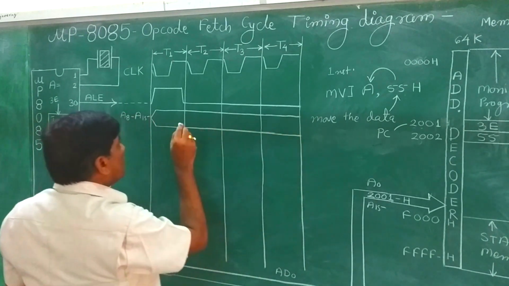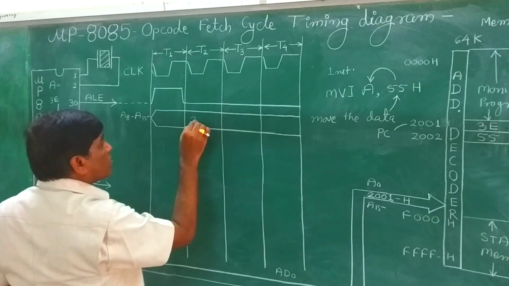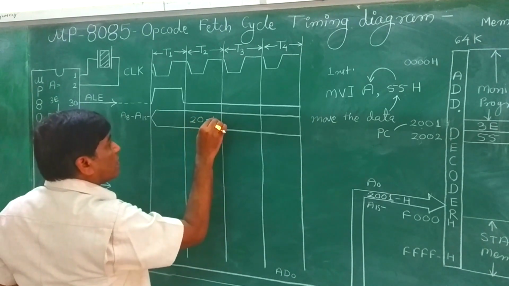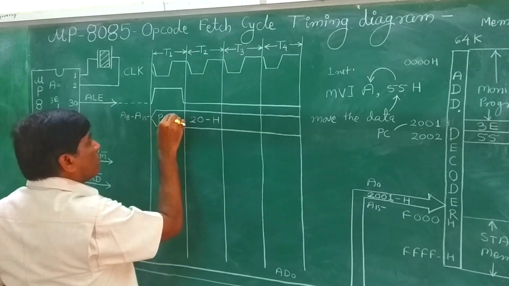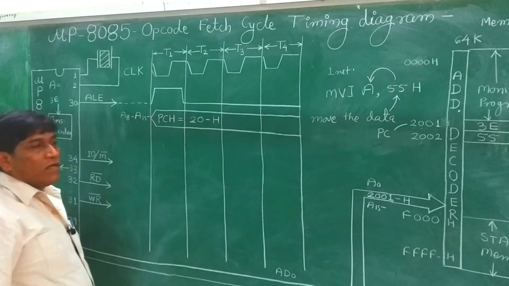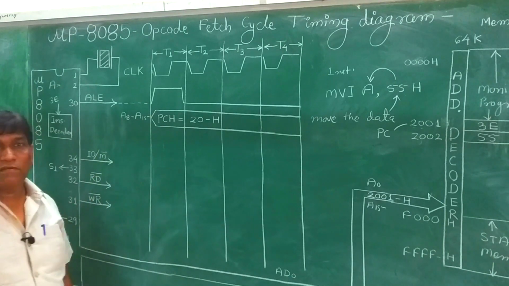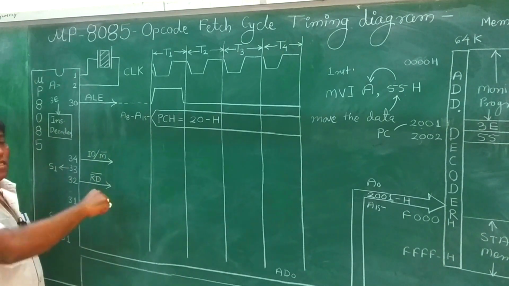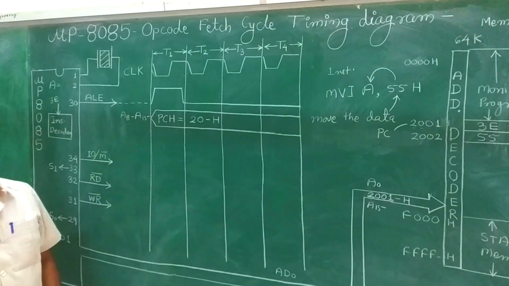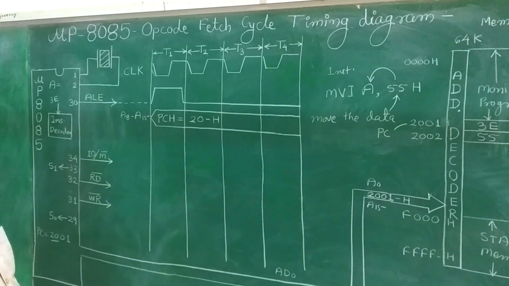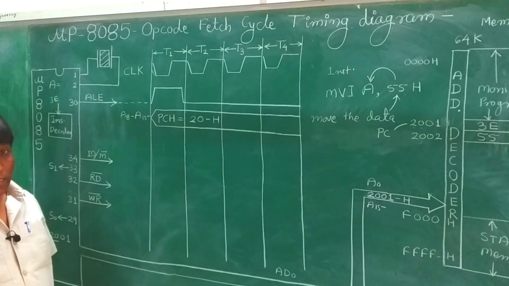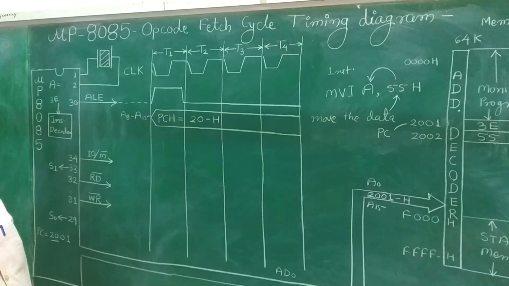Thus here the 20H, which is the content of the PC higher bit, will be loaded to higher order buses A8 to A15. And now we will see what will be the status of the lower order multiplexed AD buses, the common buses.